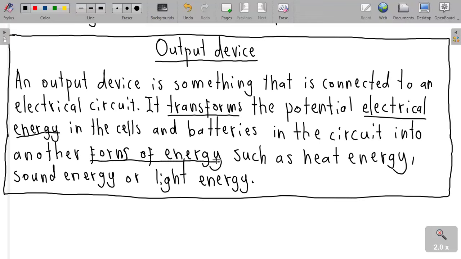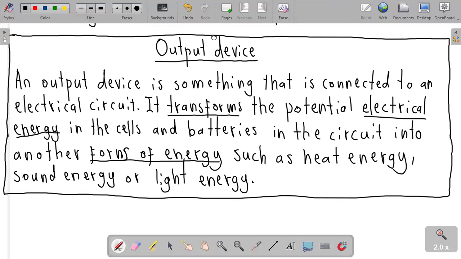What an output device does is transform the potential electrical energy in the cells and batteries, and then convert that energy into other forms of energy such as heat, sound, or light energy. That's what an output device is doing in the electrical circuit.